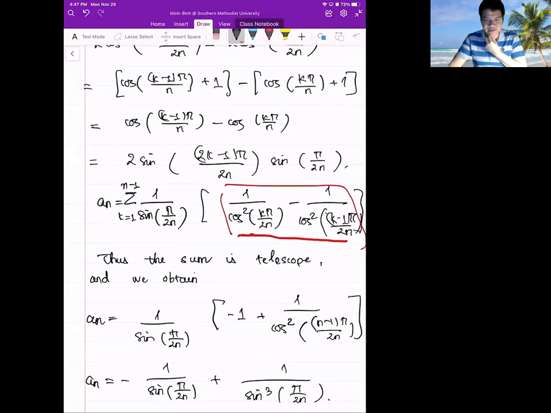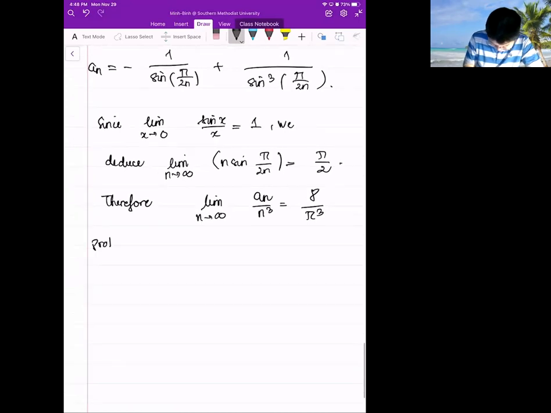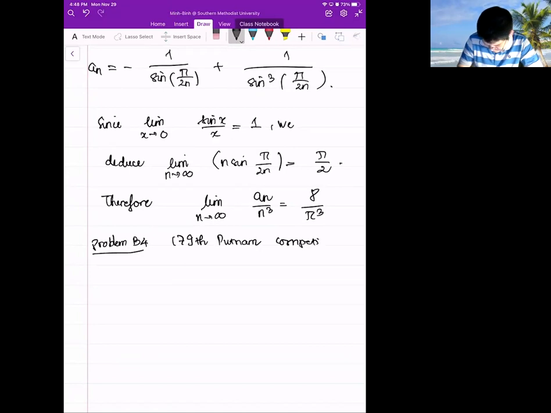All right. So the next problem that I want to consider is problem B4 of the 79th Putnam competition, on 2018. So the problem is as follows.